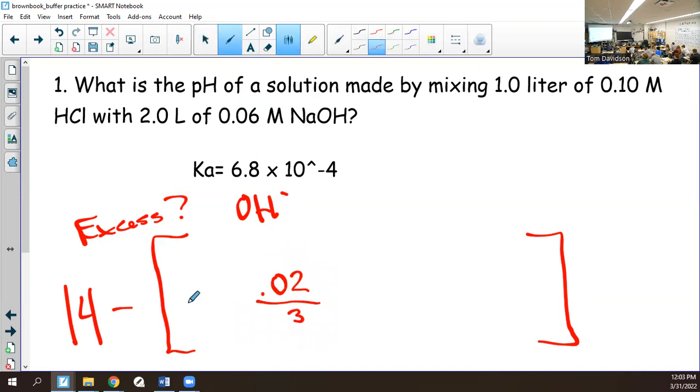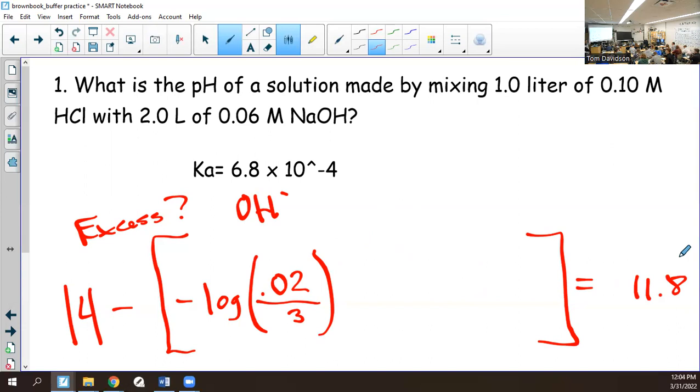Okay, and then I'm going to take the negative log of whatever this ended up to be. It's like 0.006666 or something like that, right? I don't need to do any other math, right? So I just end up with 11.8. Who agrees? Raise your hands.